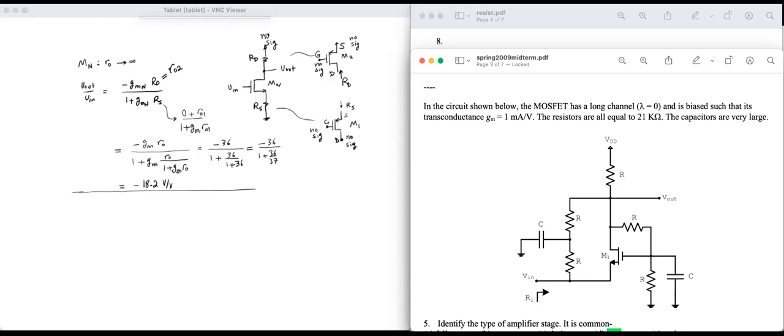Okay, well, let's redraw the circuit at the signal frequencies. At the signal frequencies, the capacitors become shorts and the supply becomes signal ground. So here I have signal ground, what was VDD, then a resistor R, the output, and the MOSFET.